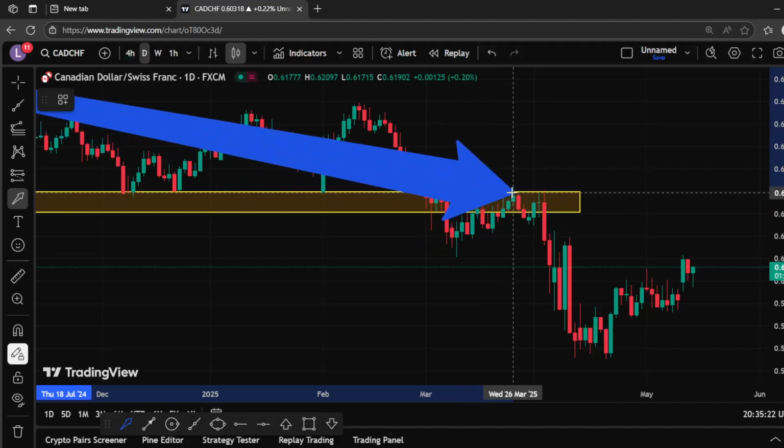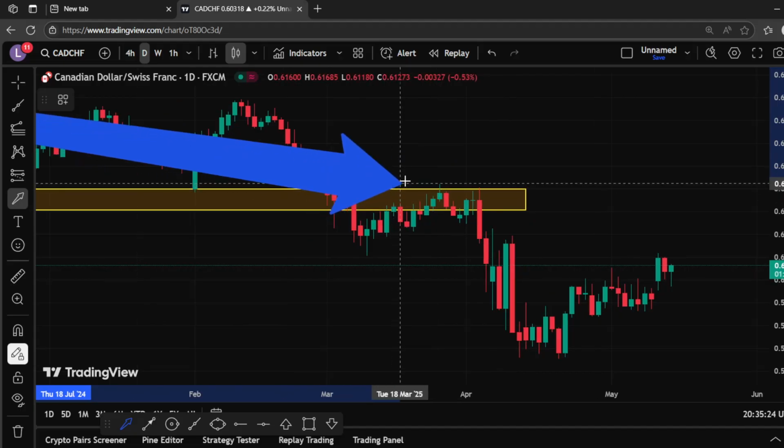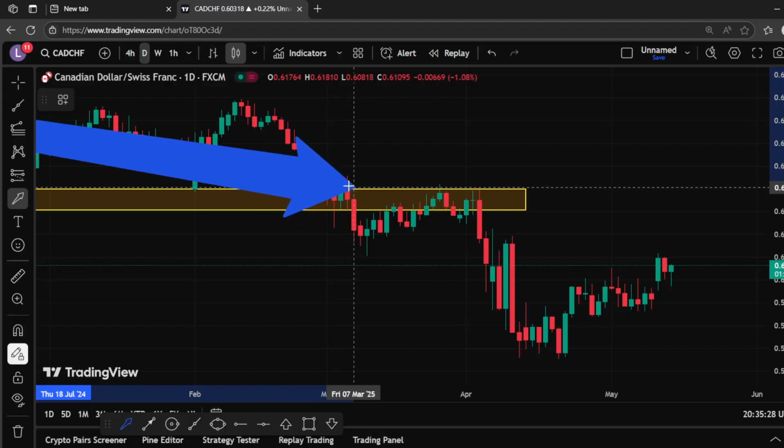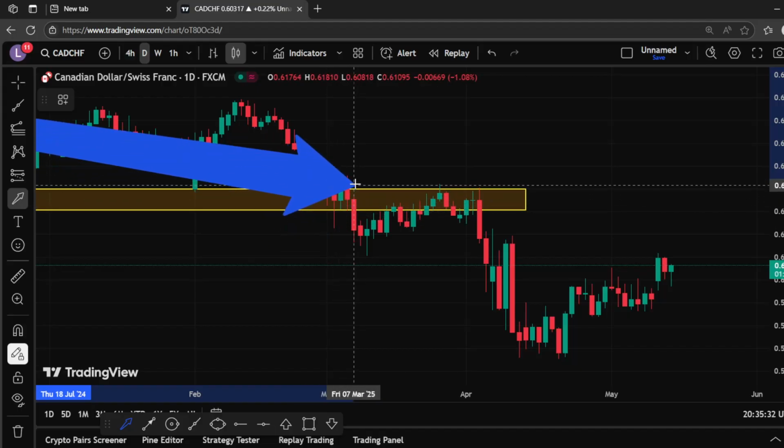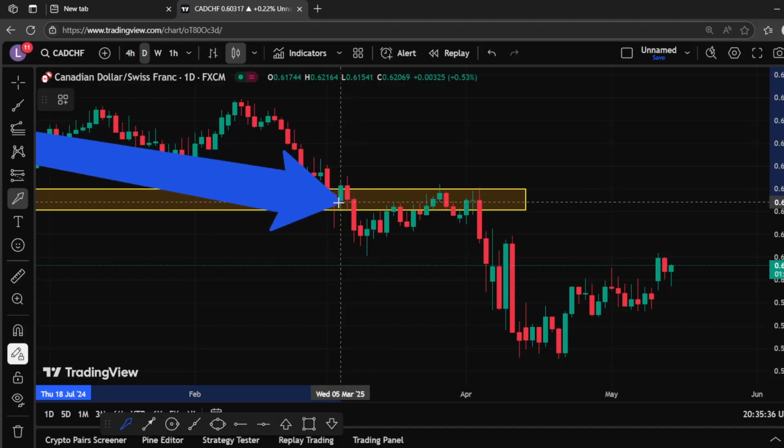This push up here was basically a stop hunt to those that have gone short here, who placed their stops just above the level.